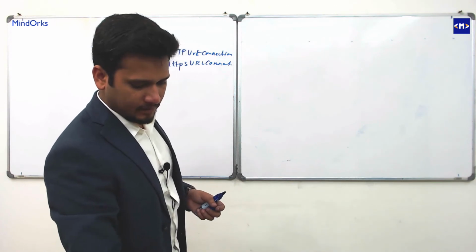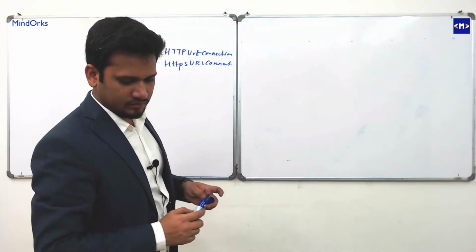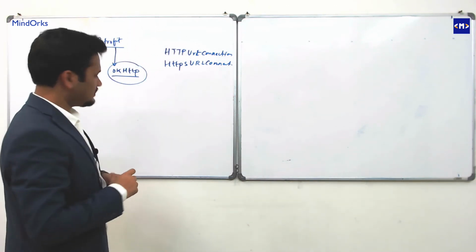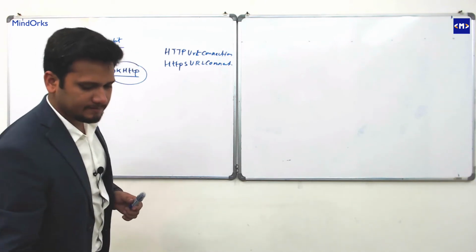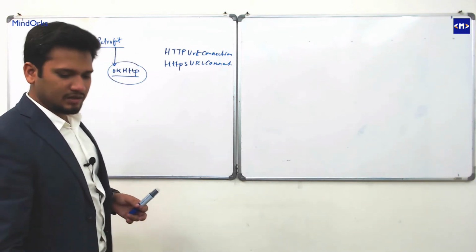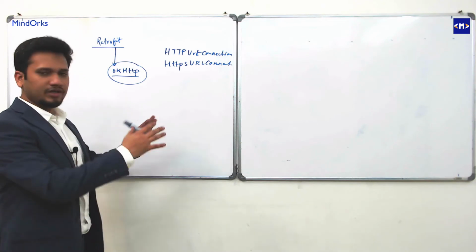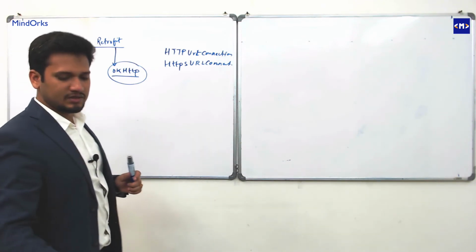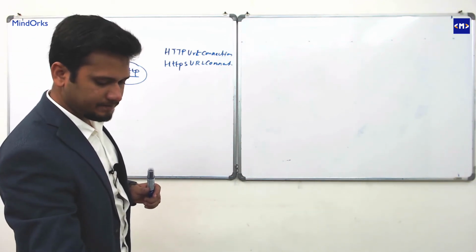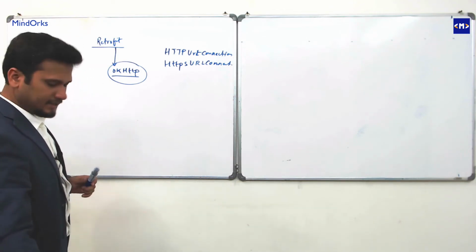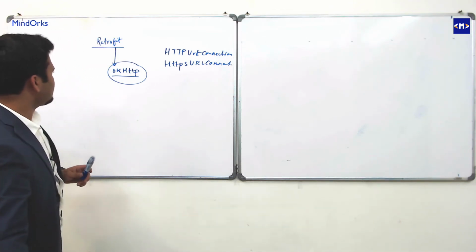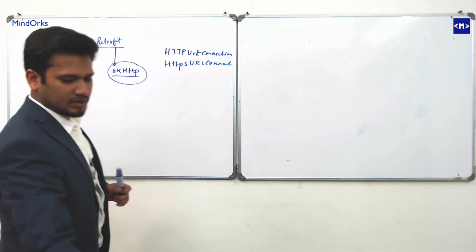Okay, and here I would like to mention that Retrofit is a REST client that is based on the RESTful principles that we just discussed. Basically, I'll put a diagram here.